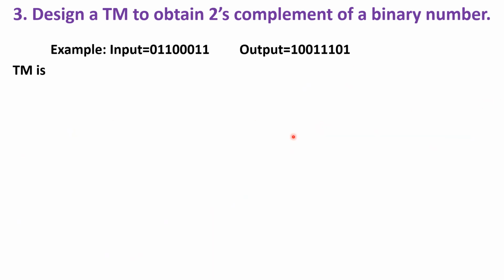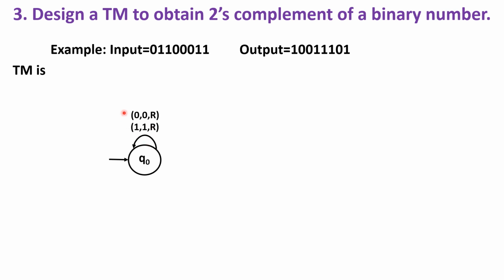With this knowledge, let us design the Turing machine. At the initial state Q0, pointing to the first leftmost binary digit, we have to move towards the rightmost binary digit. So at Q0 state, we go for reading 0 and 1.